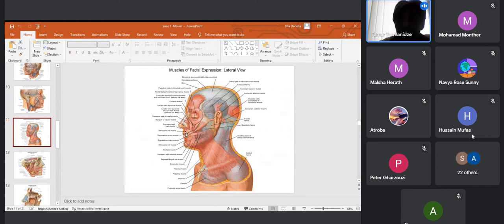From this group of the muscles of facial expression also take part muscles of the cerebral part of the head and also muscles of the neck region.